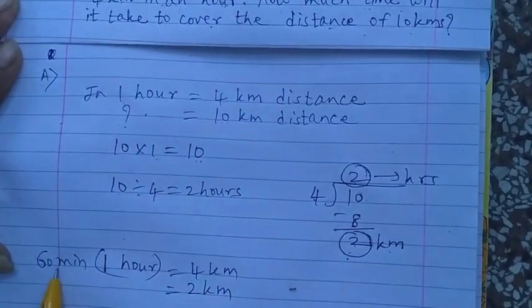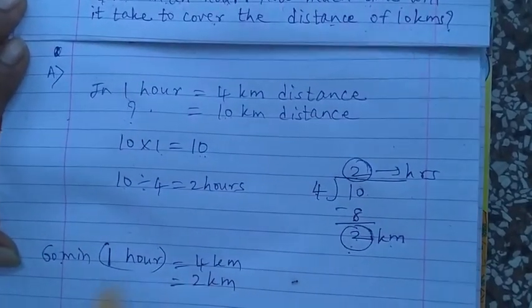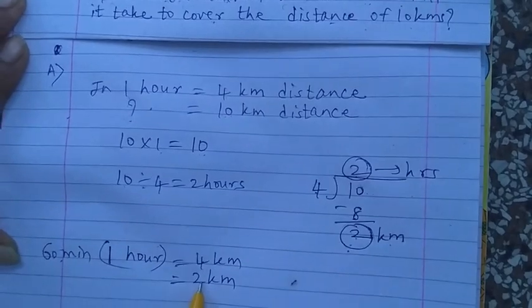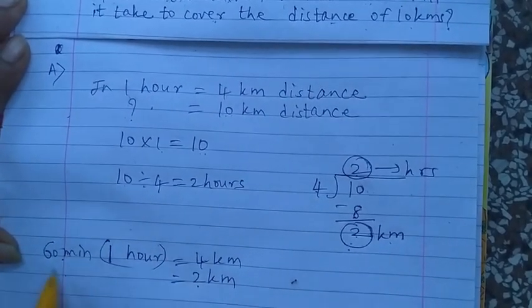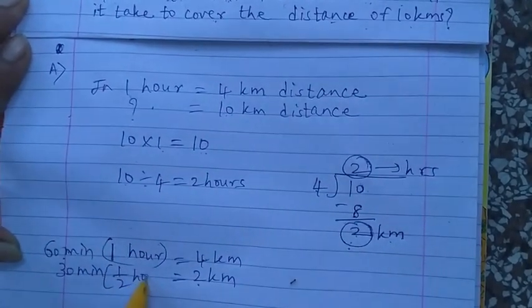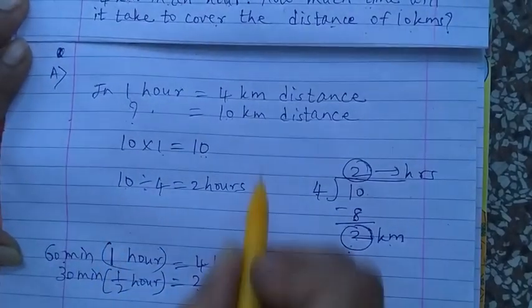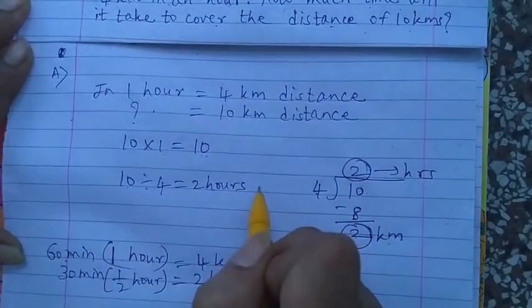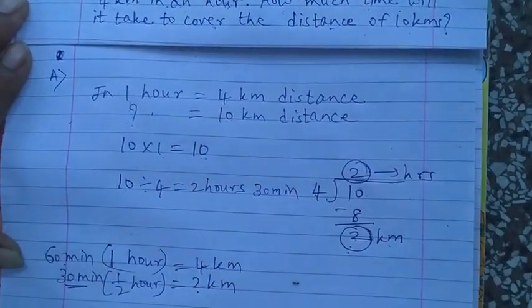So it takes 60 minutes to go 4 kilometers. So how much time it will take to cover 2 kilometers? Half of 4 is 2. So half of 60 will be 30 minutes or half hour. So I get here 2 hours 30 minutes.